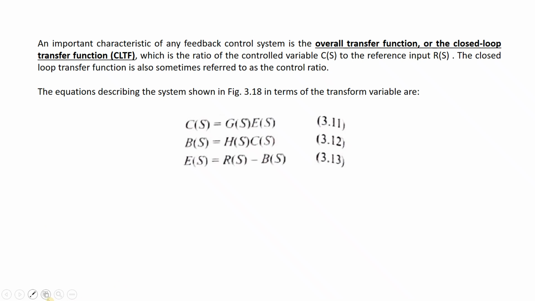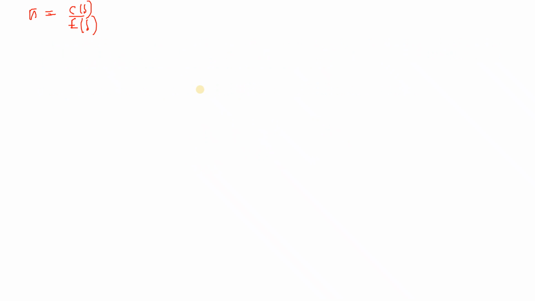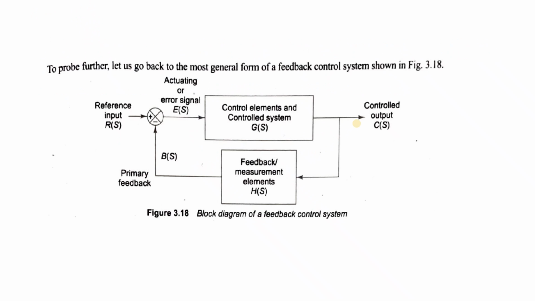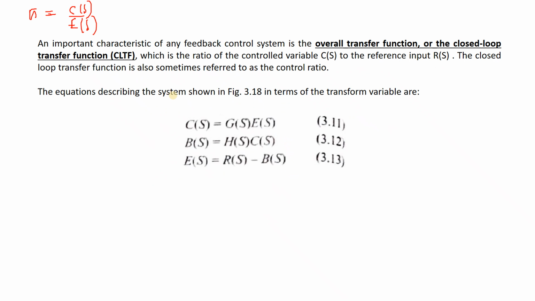I'm just writing in the form of G. So G is equal to C by E, and we can write C equals G into E.